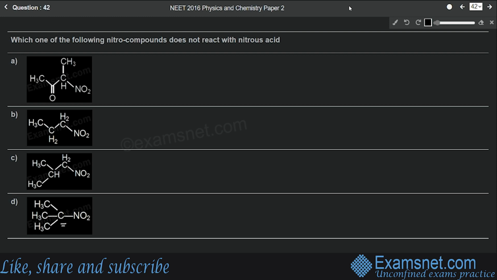Question number 42 is from the chapter amines, and the question is which one of the following nitro compounds does not react with nitrous acid? So in order to react with nitrous acid, the nitro compounds must have alpha hydrogen. And which of the nitro compounds have alpha hydrogen? Only primary and secondary nitro compounds.